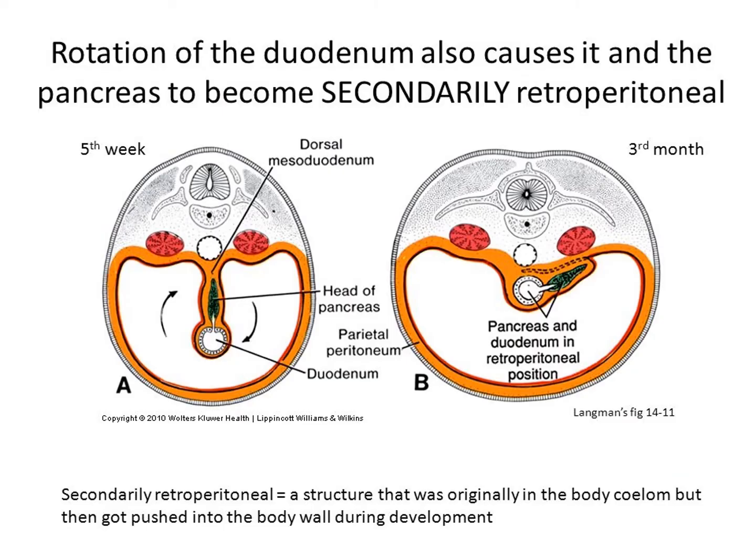So that's what you're seeing right here. So we see the duodenum here, and we see the pancreas attached to that. And then this gets pushed back and gets covered over by a layer of parietal peritoneum, and it's basically excluded from the cavity. So that's the pancreas and the part of the duodenum that the pancreas attaches to.